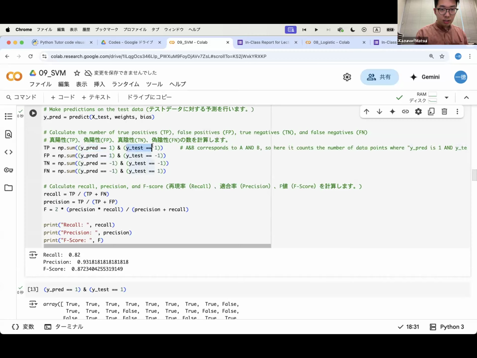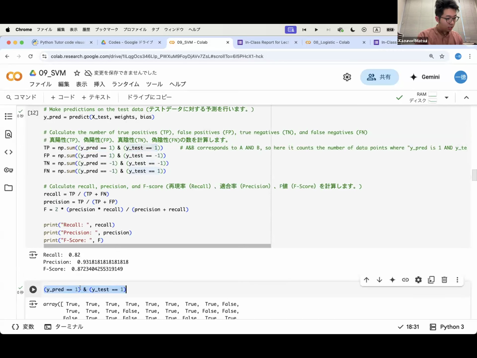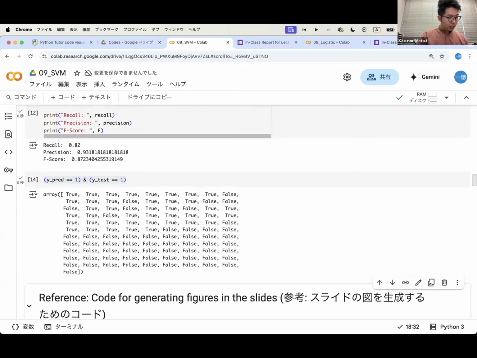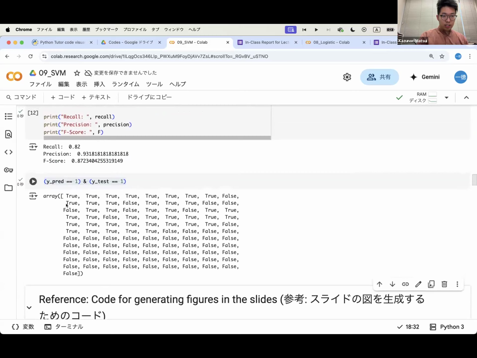On the other hand, this side becomes true when the actual y_test is 1 and becomes false otherwise. Since we are taking the logical conjunction of these, it becomes true when the actual value is 1 and the predicted value is 1, and becomes false otherwise.